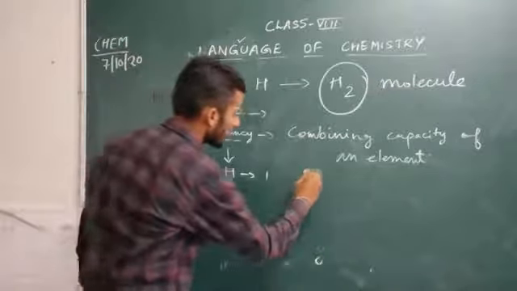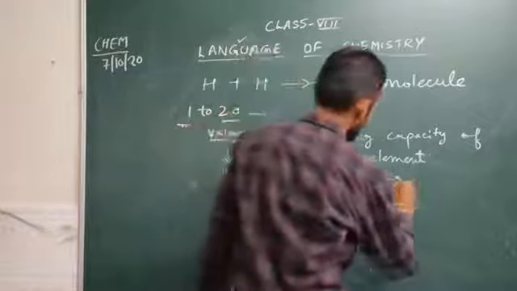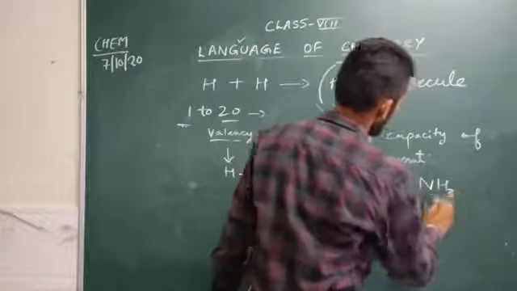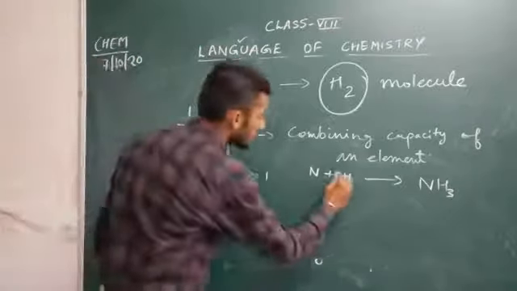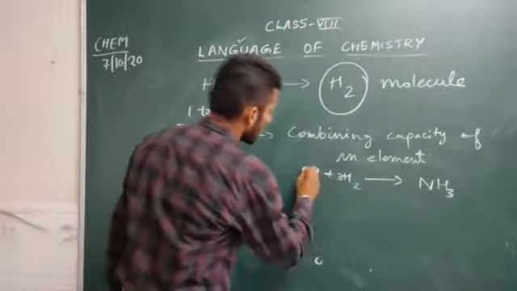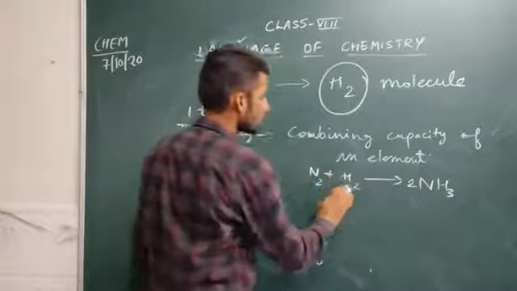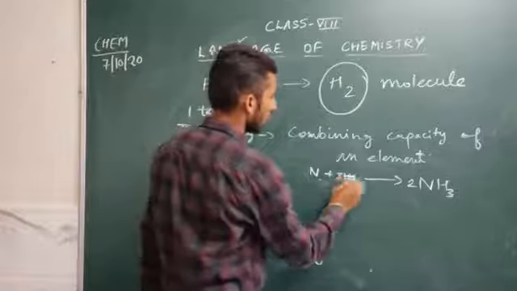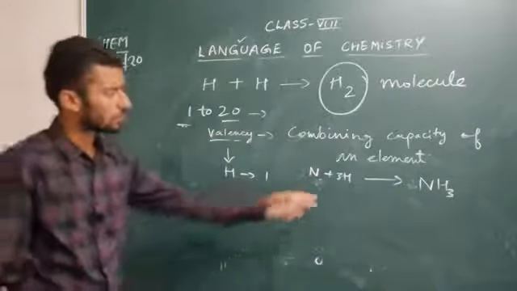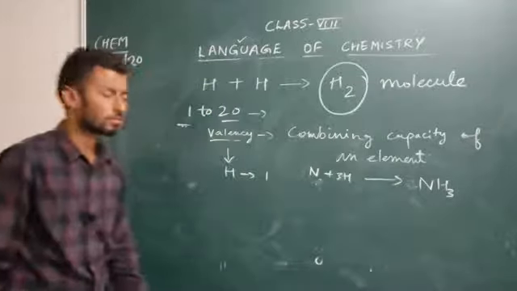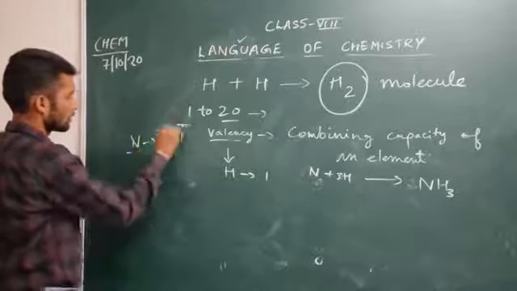Now if nitrogen and hydrogen combine, there is formation of the NH3 molecule, which we call ammonia. Now nitrogen is combining with how many hydrogen atoms here? If in general we talk about 3 hydrogen atoms, so that is equal to the valency of nitrogen, that is, nitrogen has valency 3.